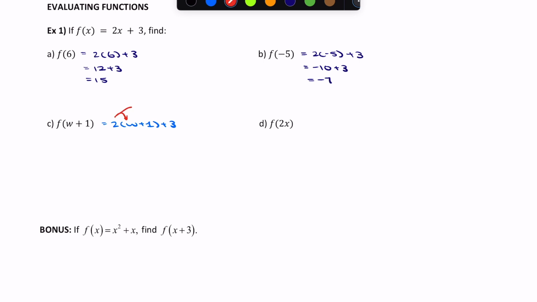I'm going to distribute the 2 into the w and to the 1. So here we'll get 2w plus 2 plus 3 is equal to 2w plus 5. And here, again, for every x, we're going to sub in 2x. So here we'll get 2 times 2x plus 3, which is equal to 4x plus 3.